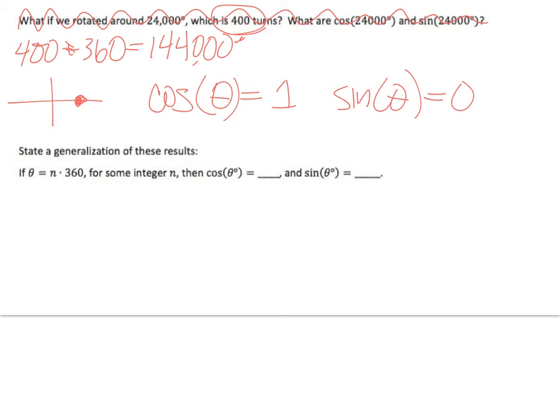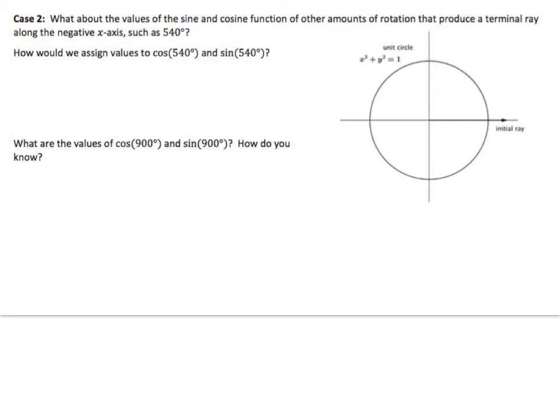So state a generalization. If theta equals n times 360 for some integer n, then cosine theta is going to be 1 and sine theta is going to be 0. Case 2, what about the values of sine and cosine for other amounts of rotation that produce a terminal ray along the negative x-axis, such as 540?